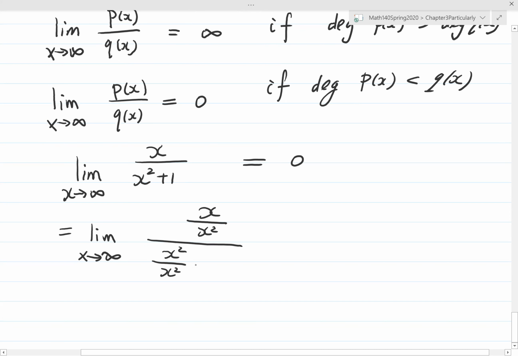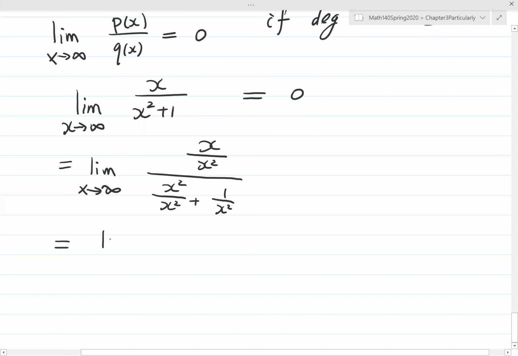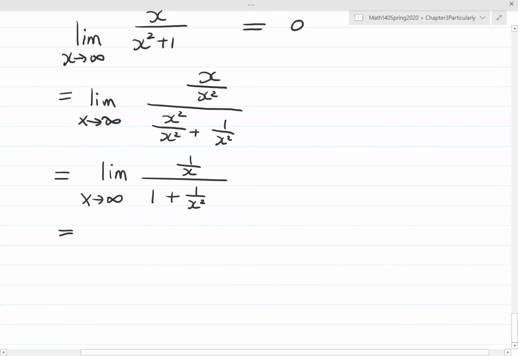This will be 1 over x over 1 plus 1 over x squared. As x approaches infinity, 1 over x approaches 0, and 1 over x squared approaches 0. So this is 0 over 1, and we get 0.